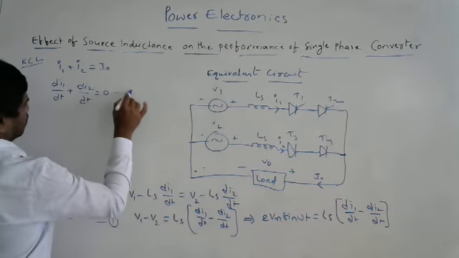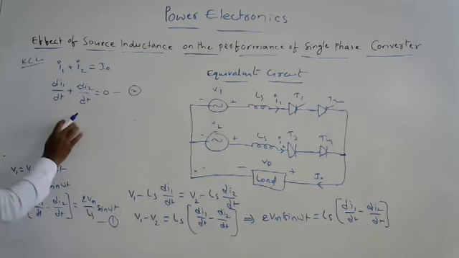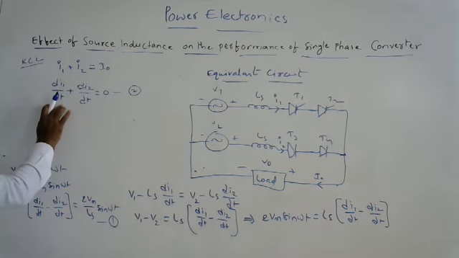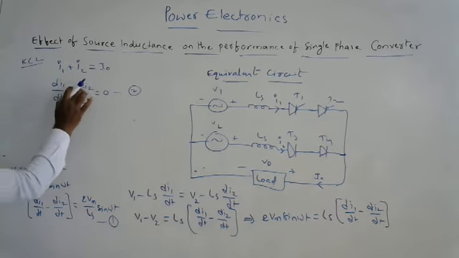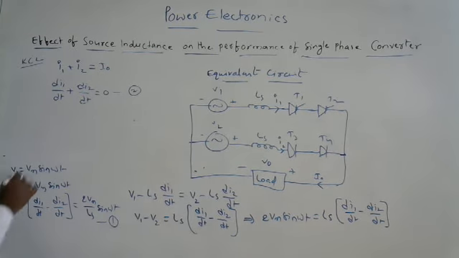I am taking this as equation 2. So I have two equations. One is di1 upon dt minus di2 upon dt is equal to 2Vm upon Ls sin omega t, and di1 upon dt plus di2 upon dt is equal to 0. With the help of these two, I am going to get it.